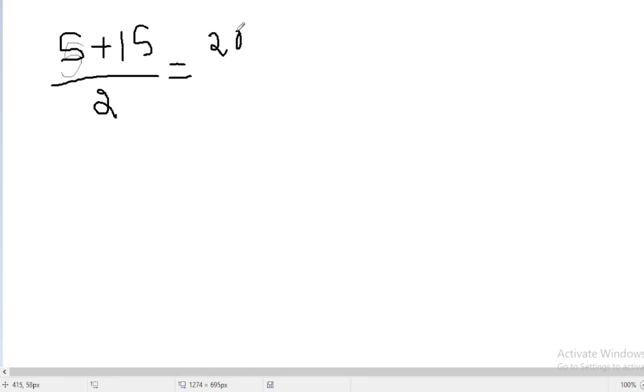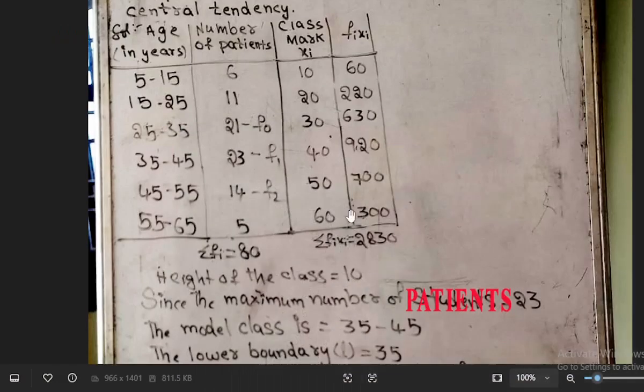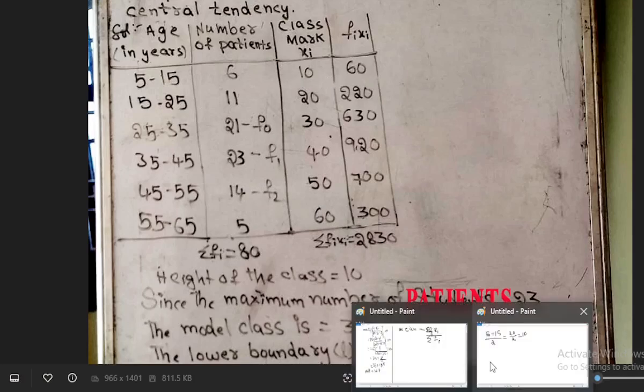Then we get the first class midpoint, that is 10. We write 10 as the class mark. 10 is the midpoint of 5 and 15. So we write that as the class mark in the frequency distribution table.